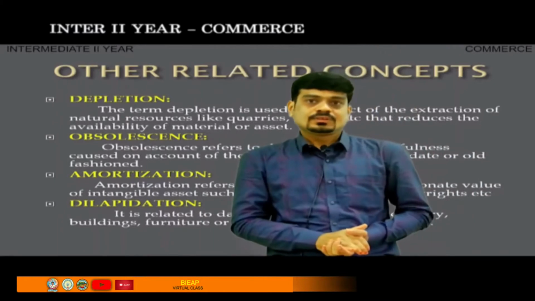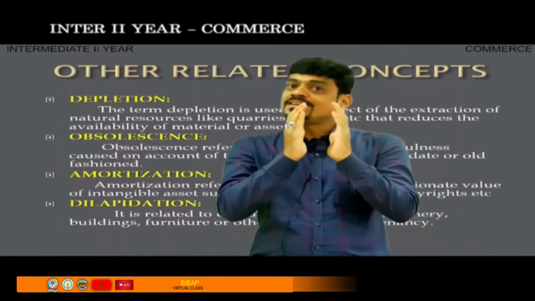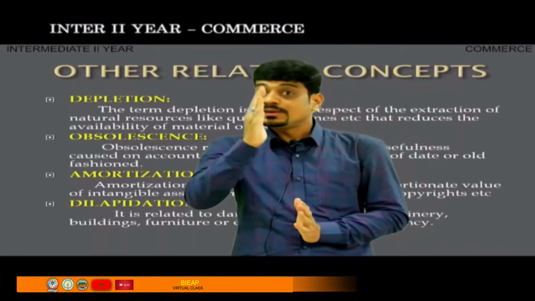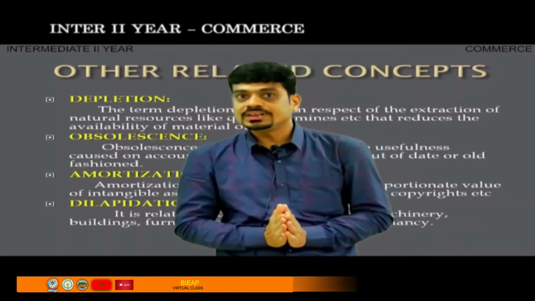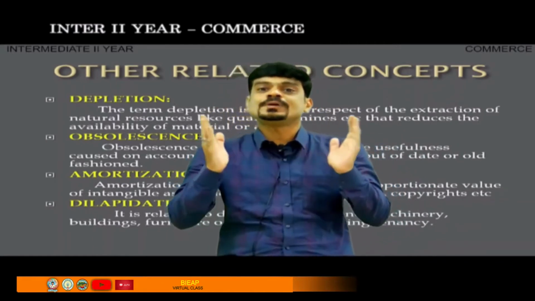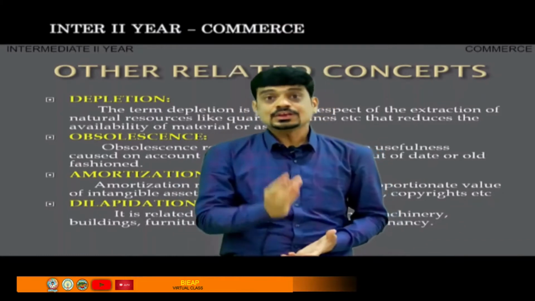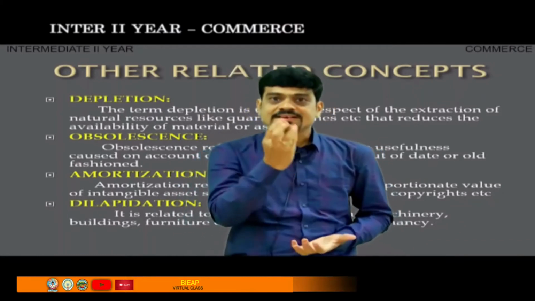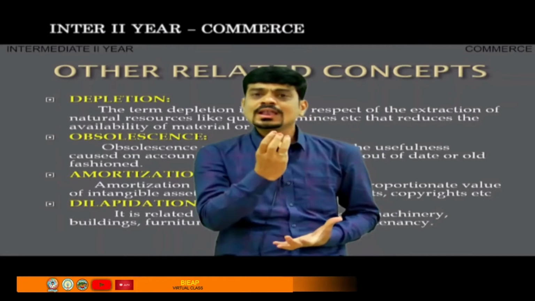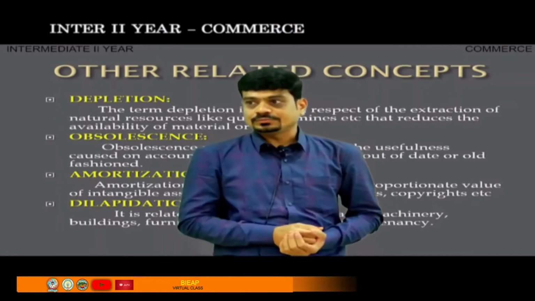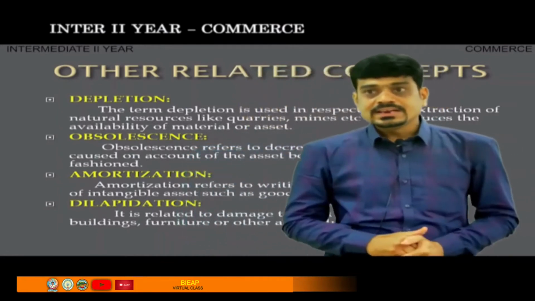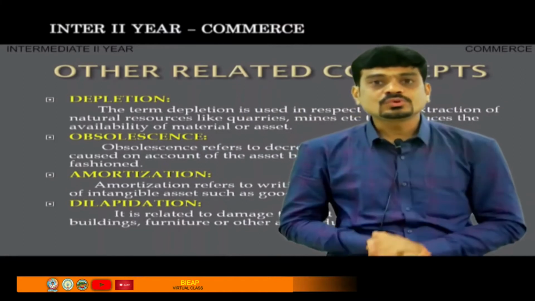Amortization. I told you about tangible assets. One more classification of assets is what, dear? It is intangible assets, like your goodwill, patents, copyrights. They are all legal assets. And what happens to those legal assets?